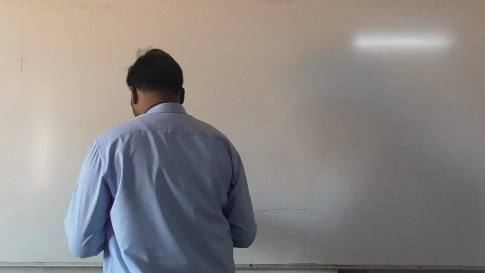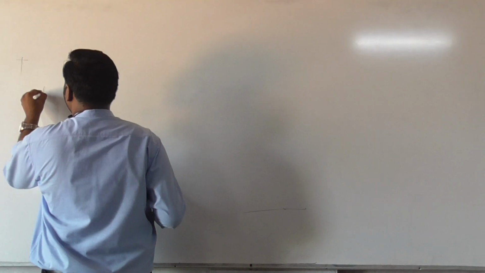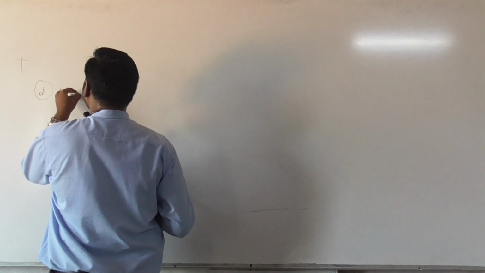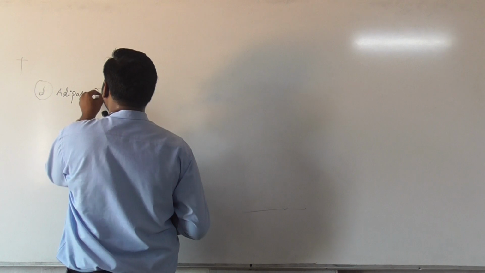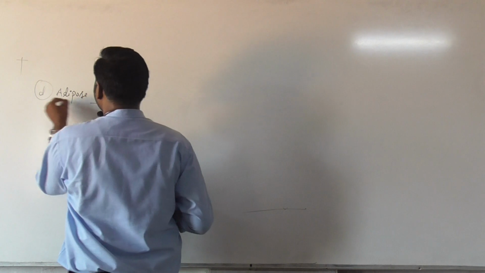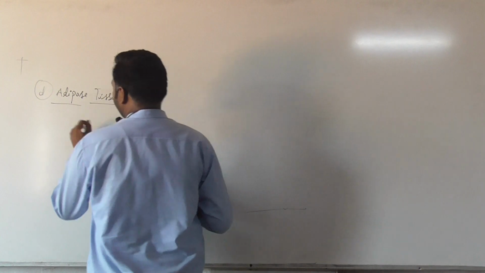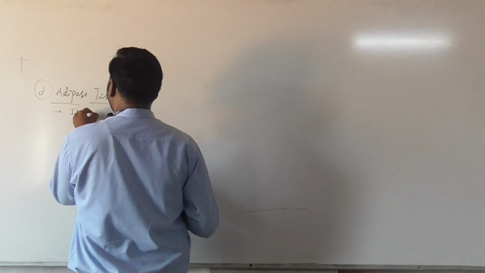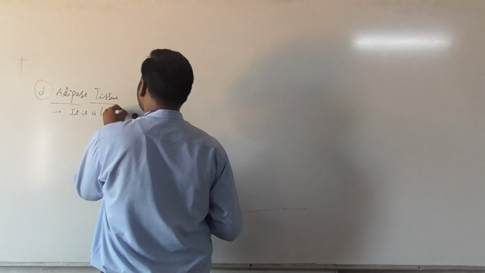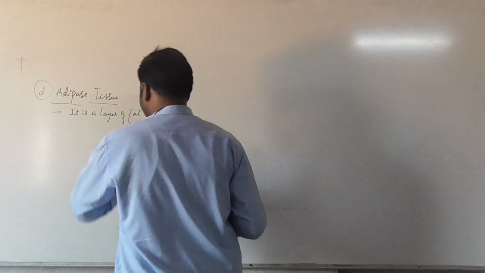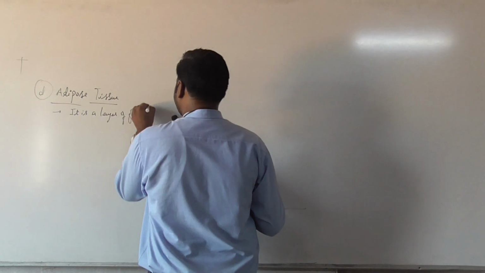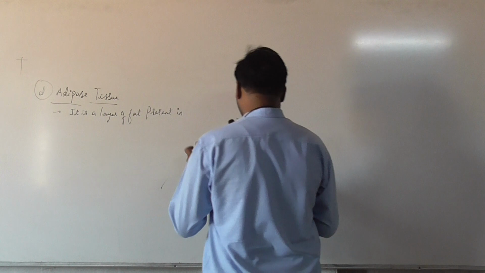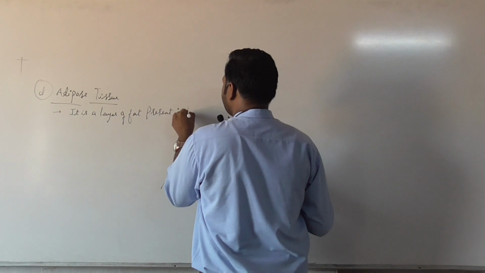So the next is adipose tissue. Now it is a layer of fat present in the orbit.